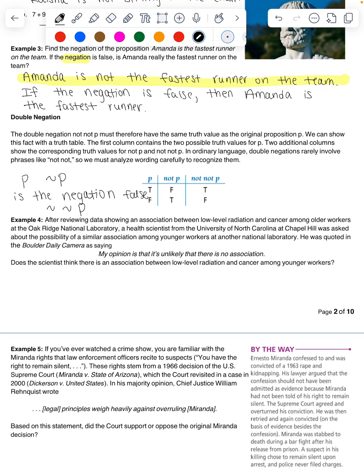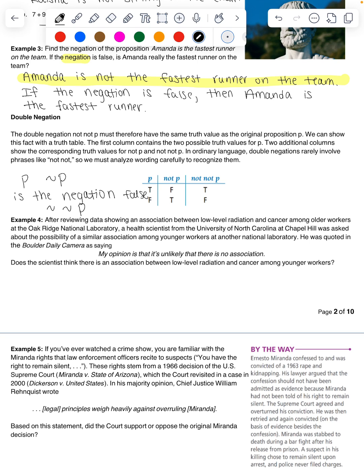Example 4. After reviewing data showing an association between low-level radiation and cancer among older workers at the Oak Ridge National Laboratory, a health scientist from the University of North Carolina, Chapel Hill, was asked about the possibility of a similar association among young workers at another national laboratory.